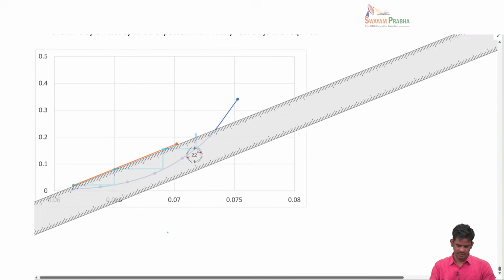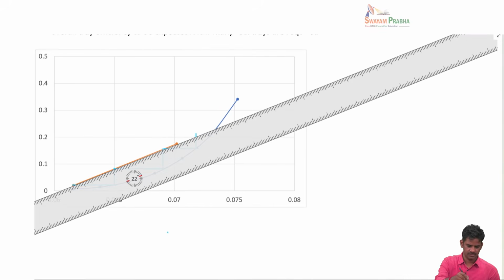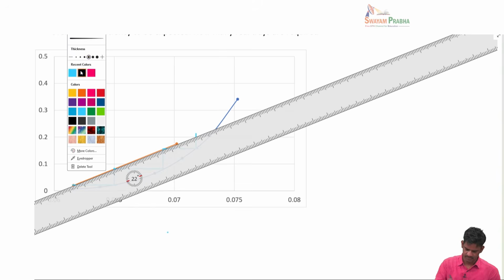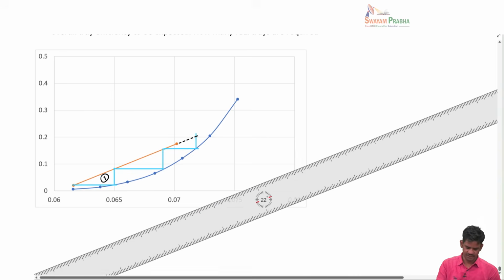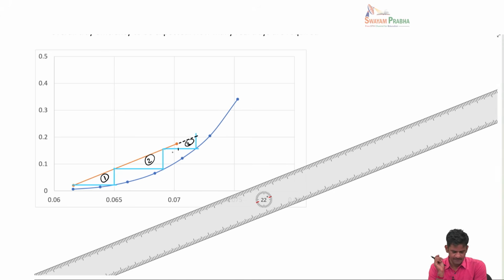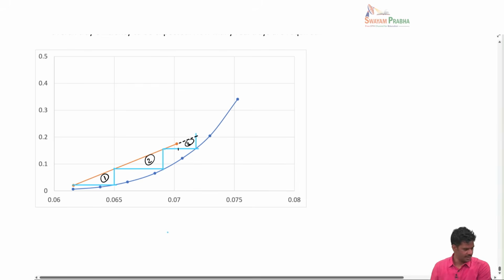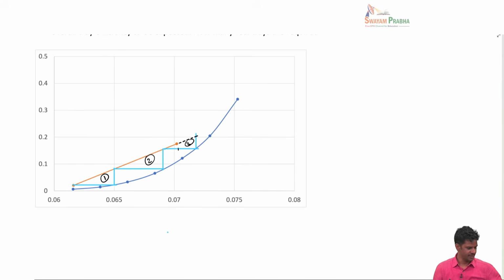Suppose if you extend your operating line, this would be your first tray, second tray, and this is a tray. So it's somewhere in half, so you can say 2.5 would be the number of equilibrium stages.